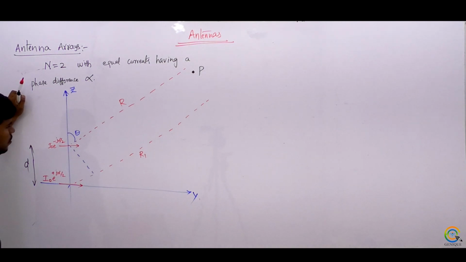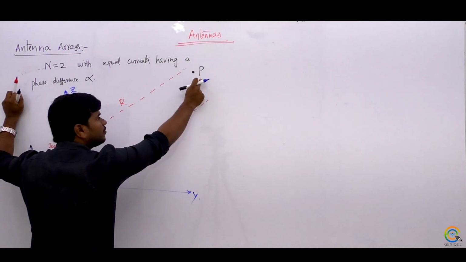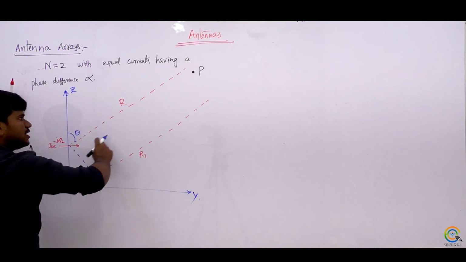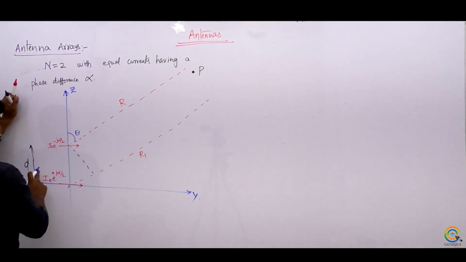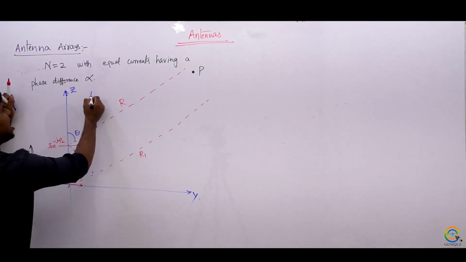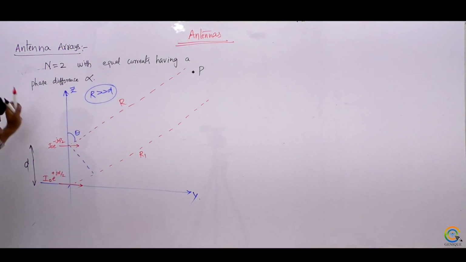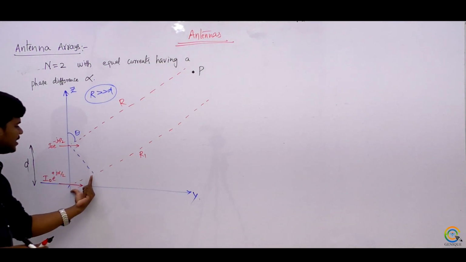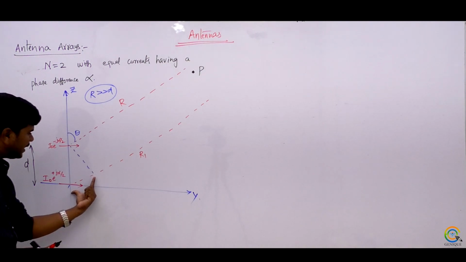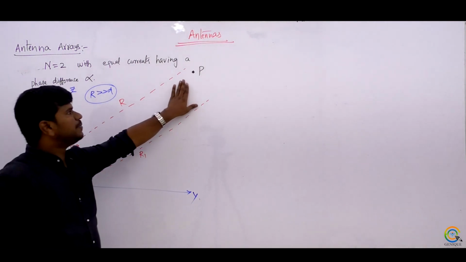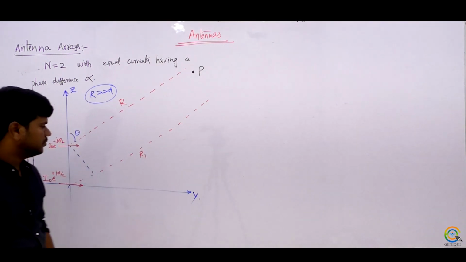Okay, so now one thing you have to know is, because this point is far away from these two elements, when this r is much greater than this d, now we can neglect this distance. If you neglect this distance, these two waves can be assumed as parallel lines.